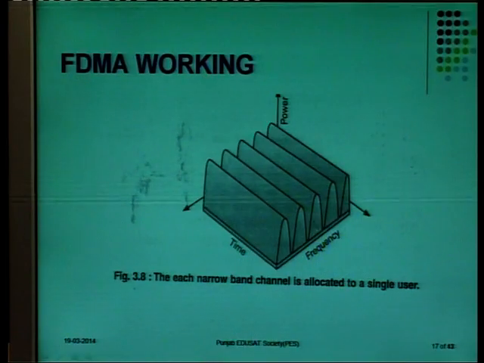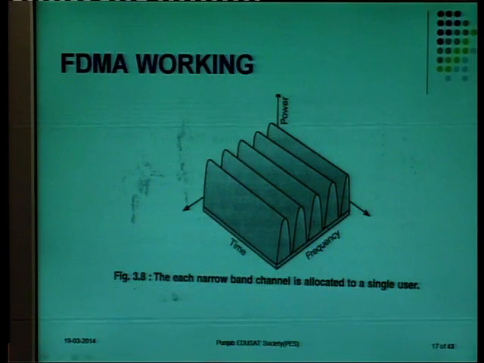The whole frequency spectrum is divided into separate channels, but they are communicating for the whole time. From this point to this point we can say this is a broadband spectrum, or the full radio spectrum. So, by dividing them into small frequency bands, they have become narrow band.